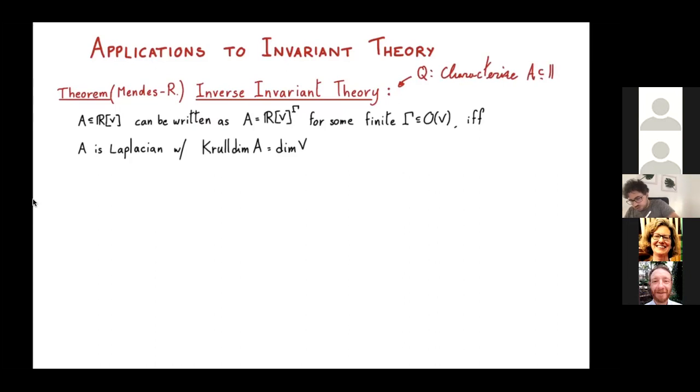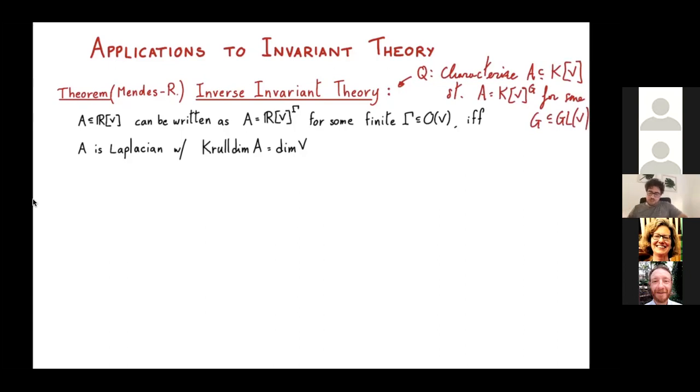This is more general, and this is just about algebras such that they can be written as algebras of G-invariant polynomials for some group G in GL(V).